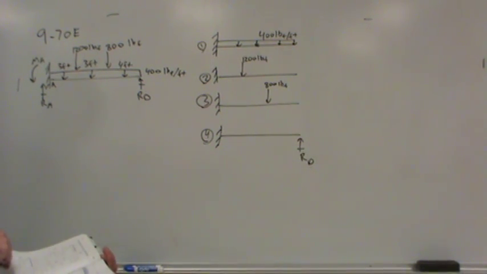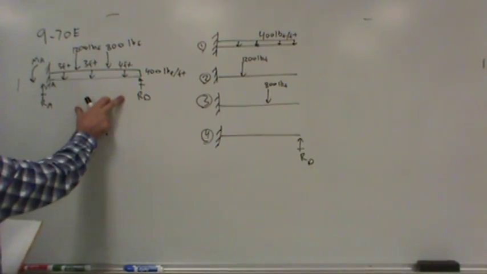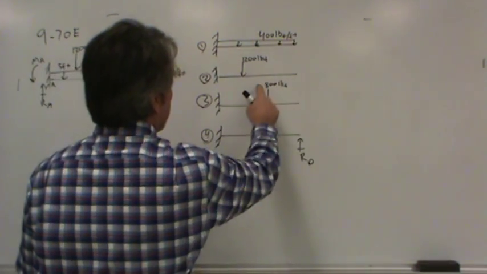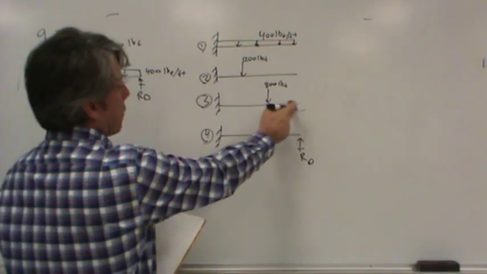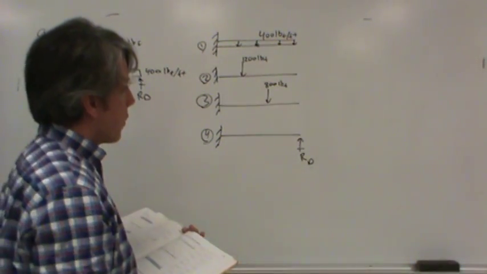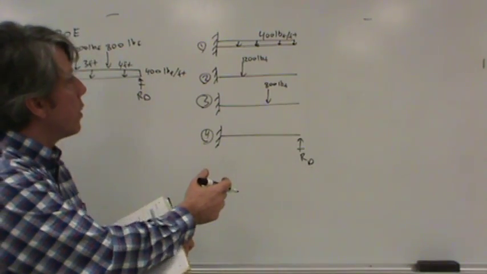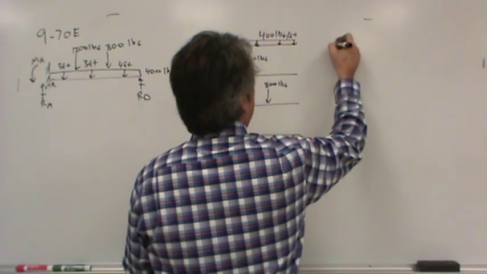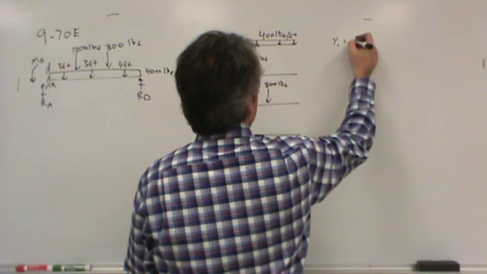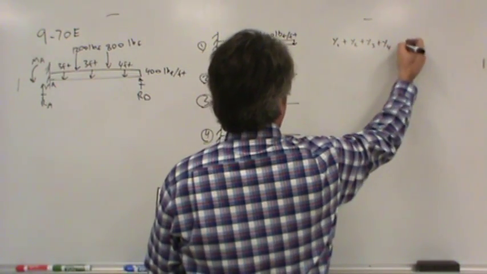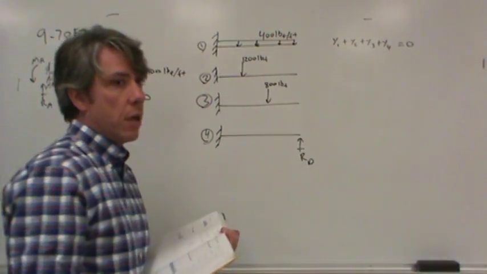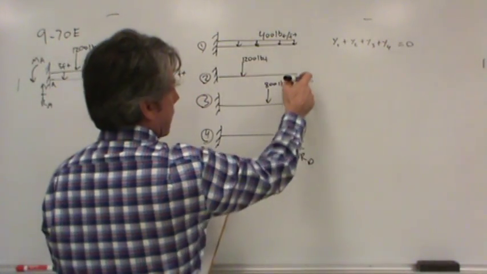So basically, what we're going to do is take a statically indeterminate beam and make it essentially statically determinate. Okay? So we could actually solve for the deflection out here, or we could solve for the reactions. But what we're going to do is say, if we add the deflections, we have to get 0, because we know that out at the end, this endpoint can't move.